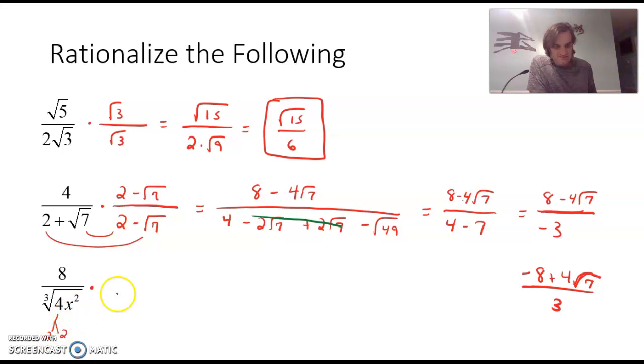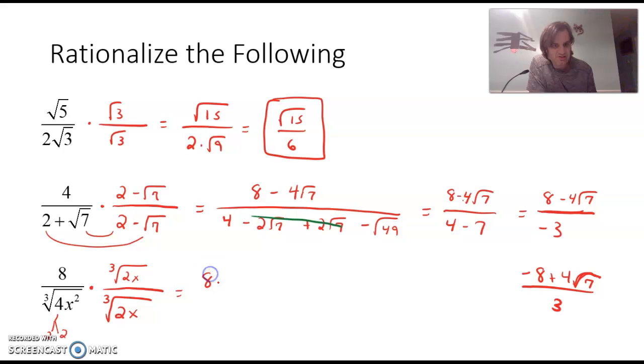So 4 is 2 times 2. And I've got a cube root, so I need to complete that. So I've got 2 2's, so I need an extra 2. And I have 2 x's, so I need an extra x for a third x. So I'm going to multiply by the cube root of 2x. So I'm going to do that on the top as well.